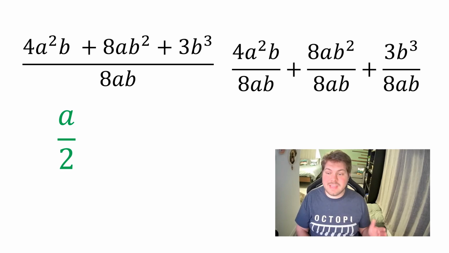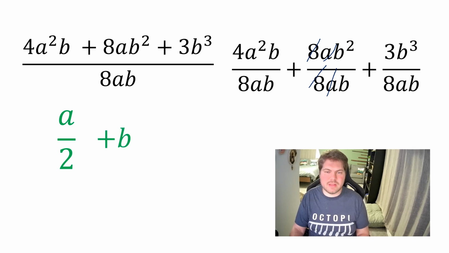The next one, the 8's, immediately I can see they cancel out, and the a's cancel out too. Here, let me do this for you. Now, b squared divided by b, that's just 1b left. So it's just plus b. Now, on the last one, we don't have 3 divided by 8.